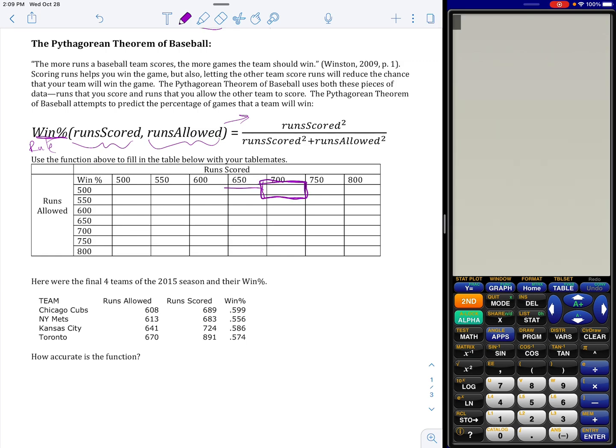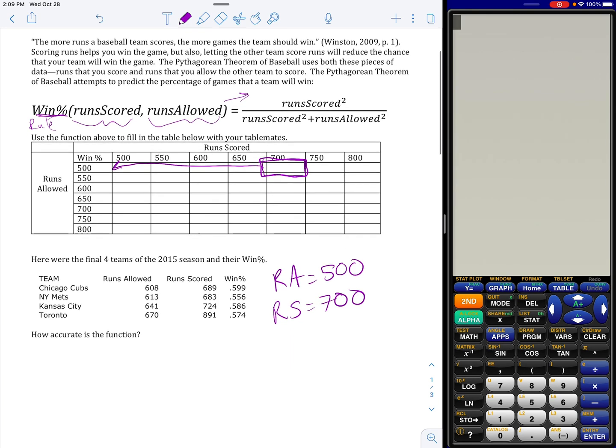So what this means is that the runs allowed is 500 and the runs scored is 700. So the rule has the runs scored, so I have 700 squared divided by 700 squared plus 500 squared.